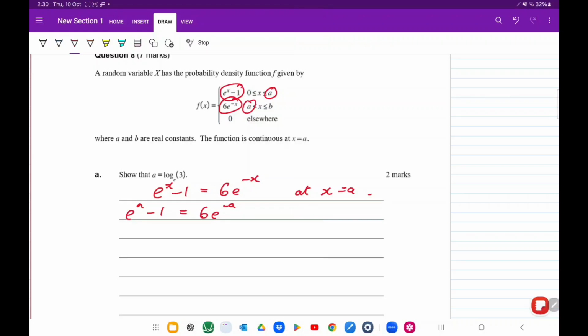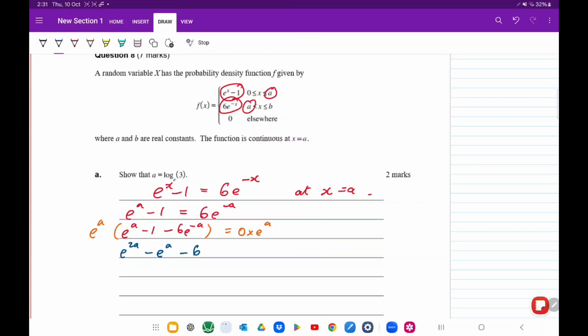Okay. So from this point, what we're going to do is rearrange this. So that's e to the power of a minus 1 minus 6e to the power of negative a is equal to 0. Now, I'm going to multiply everything on this side by e to the power of a. And so I get 0 times e to the power of a. And what I end up getting is e to the power of 2a minus e to the power of a minus 6, because they cross out.